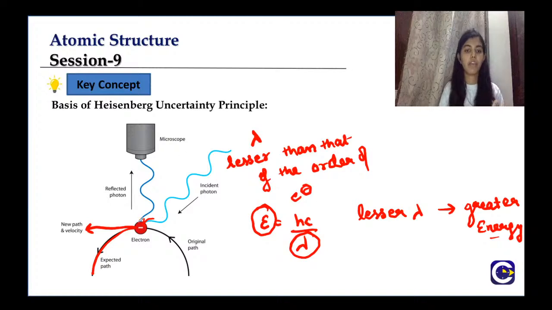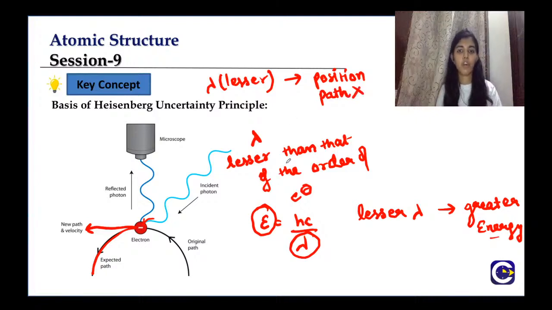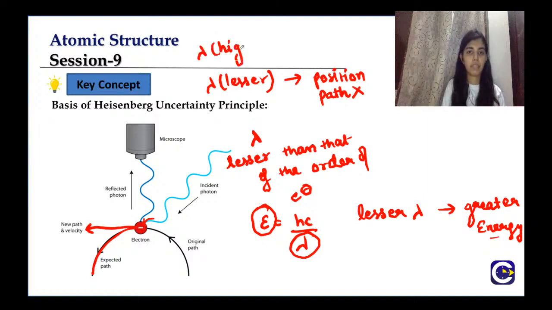So this way you can find out the initial position of the electron but not the path that is followed by the electron, right? This way when lambda was lesser, you can find out the position of the electron, what was the initial position, but you cannot find out the path that it is following. If you take lambda at a higher value, this means lesser energy, then what will happen?